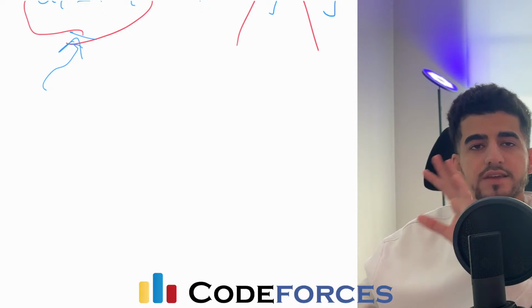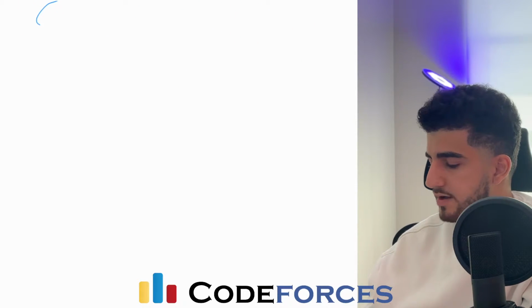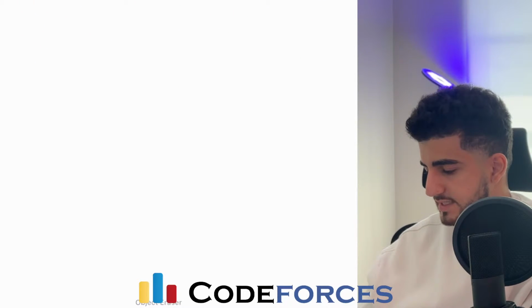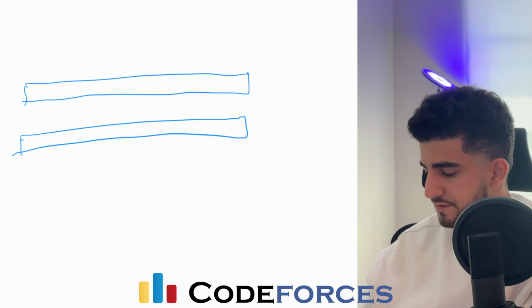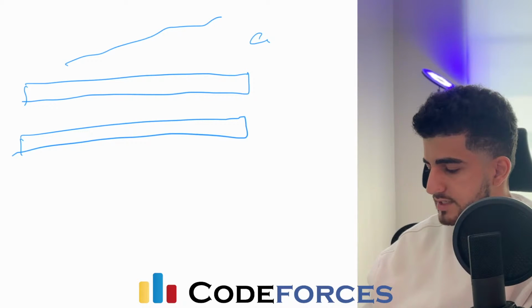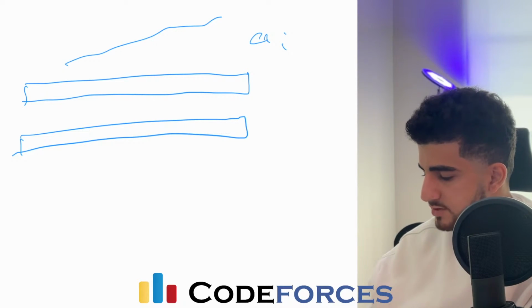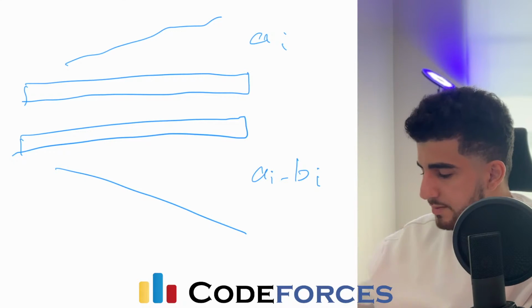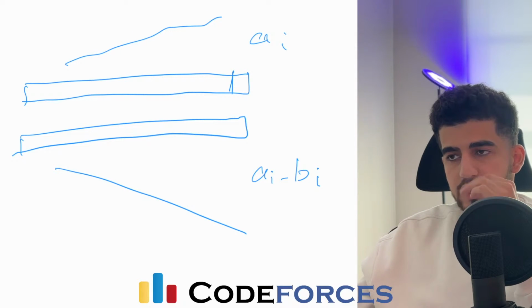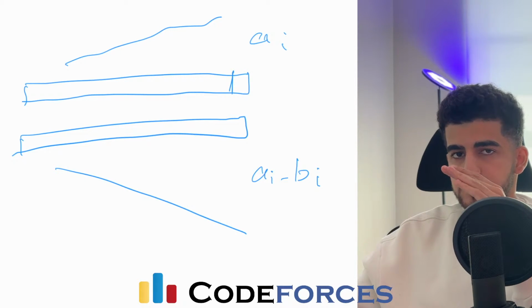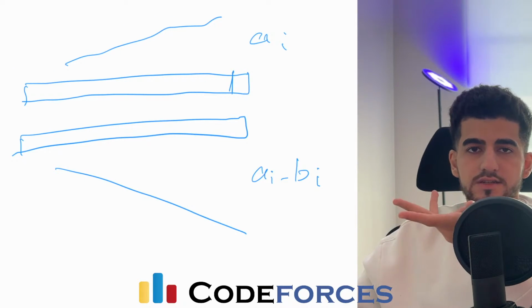So at the end, if I remove those weapons, I will have a set of swords in sorted order such that the values of AI are increasing and the values of AI minus BI are decreasing. The last sword has the greatest requirement but has the best return.